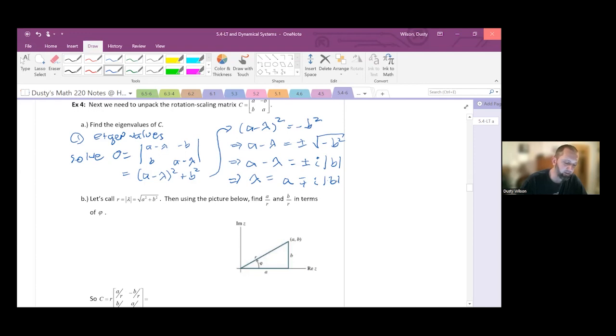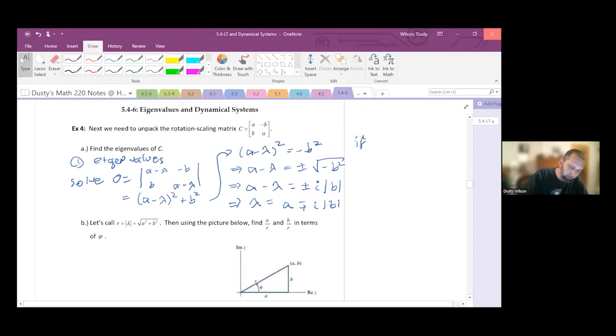If B happened to be negative, then this would be the same as changing the sign, or plus or minus iB. So we're going to get either version, but we can assume that if B is positive, we would just have lambda equals A plus or minus i times B. If B was negative, it would work out to be the same thing. But we're just going to assume it's positive for the sake of where we're going.